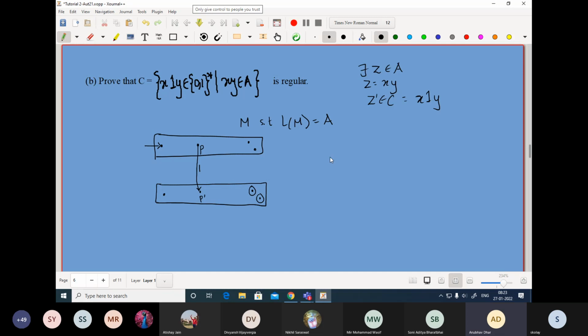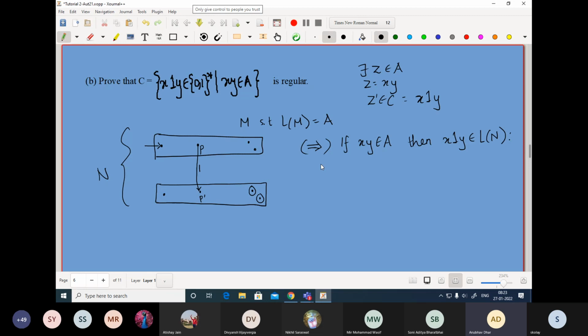Ma'am, for any... So you have to prove in 2 directions. Tell me which one you're proving. Ma'am, first of all, I'll prove that if xy is in A, then x1y will get accepted by this NFA. I'll call this NFA N. Okay? Ma'am, the DFA uniquely defines the path.